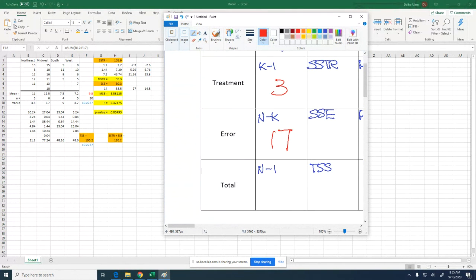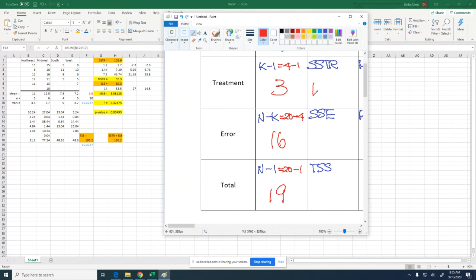Just a second, no. Oh, I'm sorry, the 16. It is a 16, right? Because 20 minus 4, and this one is 20 minus 1 is 19. And that is the 4 minus 1, right?